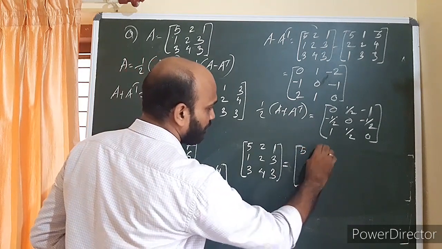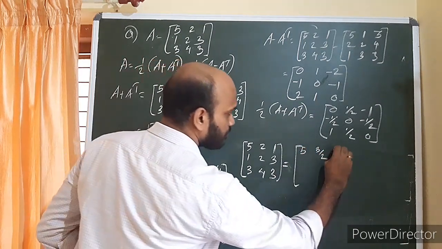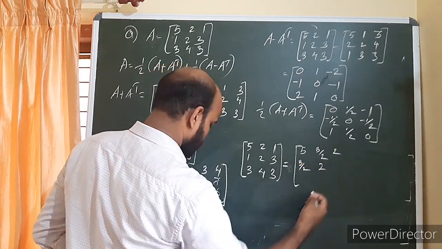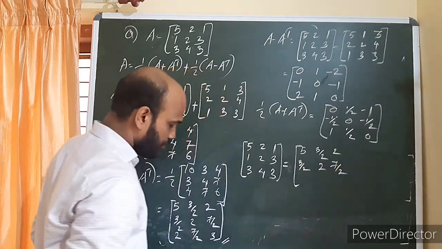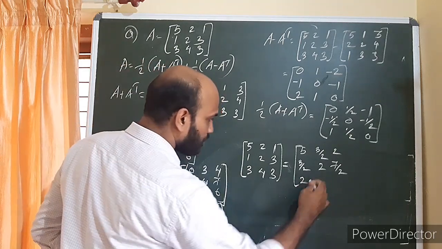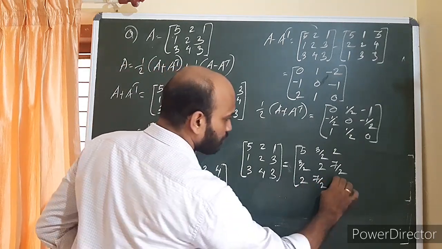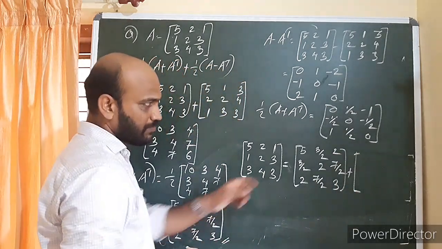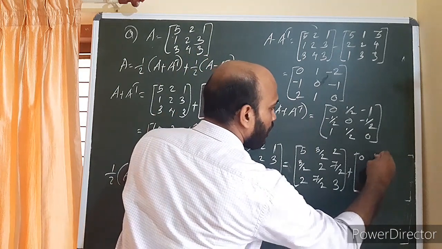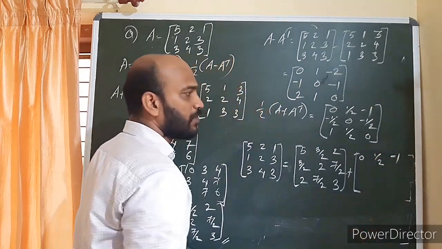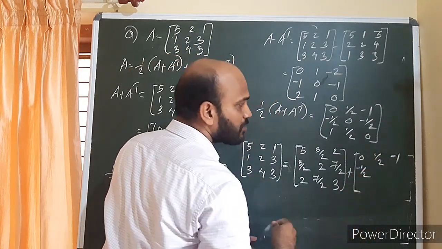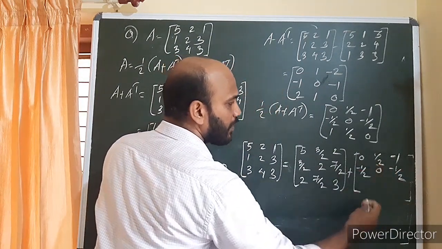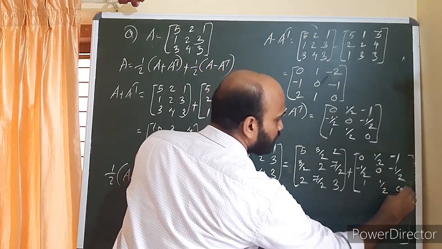Symmetric is 5, 3 by 2, 2, 3 by 2, 2, 7 by 2, then 2, 7 by 2, 3, plus skew symmetric, this matrix, 0, 1 by 2, minus 1, minus 1 by 2, 0, minus 1 by 2, then 1, 1 by 2, 0.